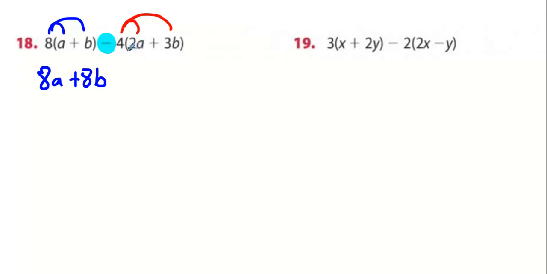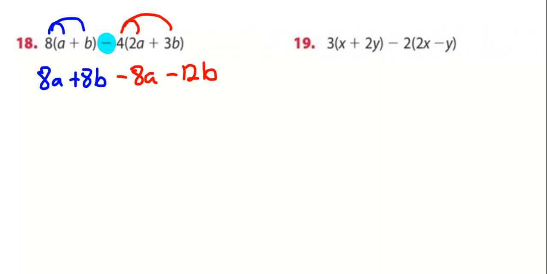Now, it isn't a 4. It's a minus 4. So it's actually minus 8A. And what's 4 times 3B? Nearly. 4 times 3B, minus 12B. So this time was different because it was getting multiplied by a minus.